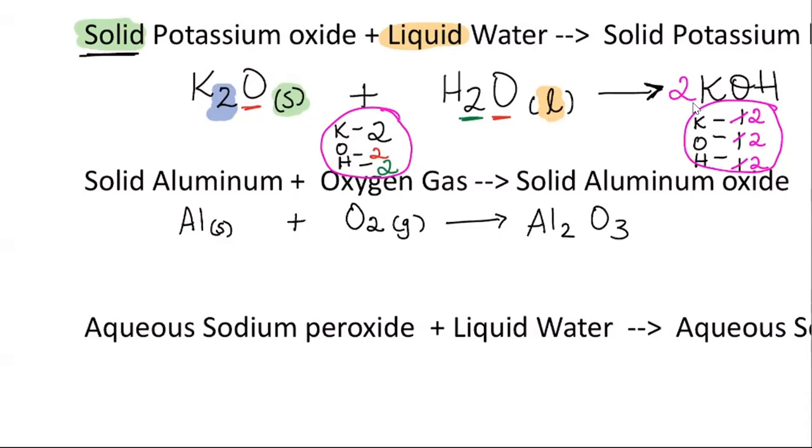Al2O3. So let's do the count for the elements. I have aluminum and I have oxygen. In the reactant, I have 1 aluminum, I have 2 oxygen. In the products, I have 2 aluminums and 3 oxygens. Okay?